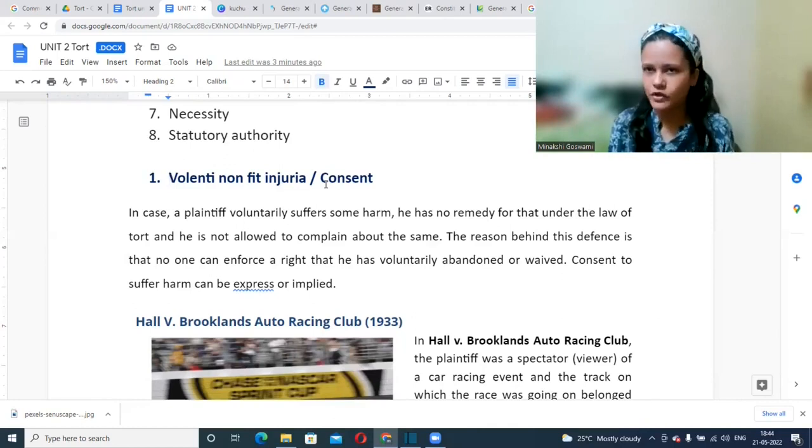I was not aware of it before, but I came to know recently that before going for an MRI, the patient is asked to sign on a consent form where the entire process is explained in detail, that this is what the process is going to be. You need to put your signature. Same way, there are a lot of different procedures, a lot of different treatments for which a consent form is signed.